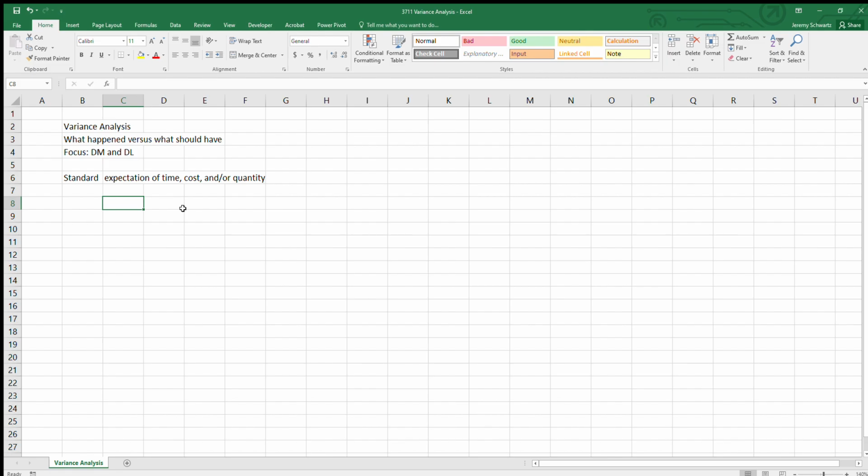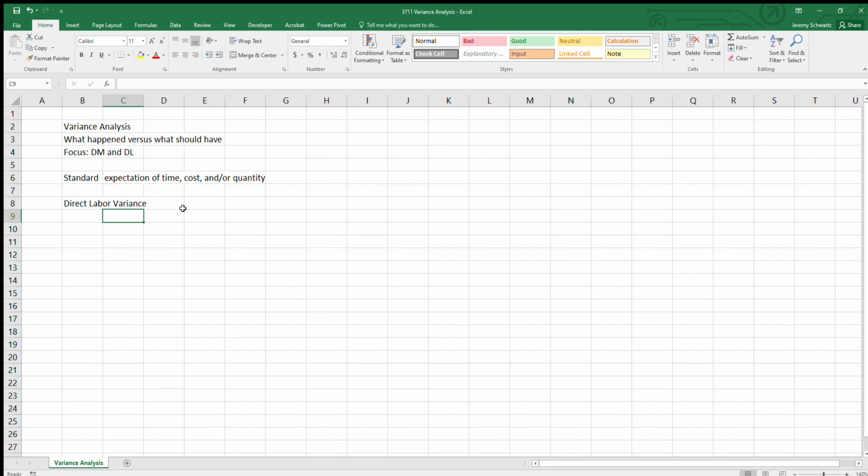So the simplest one to be looking at here would be the direct labor variance. We can decompose the total direct labor variance into two areas.